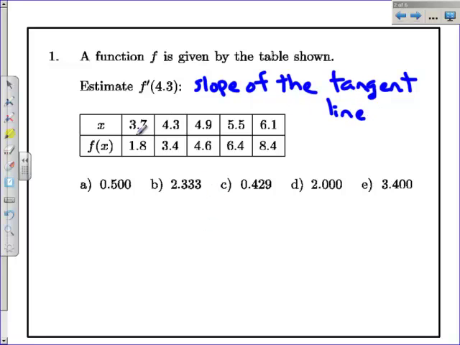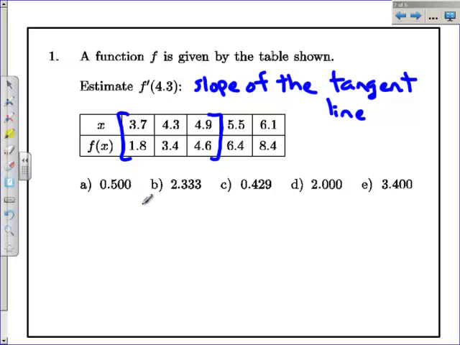Now, the best way to approximate slope of a tangent line is to take a secant line that's really, really close to the point that you're trying to approximate the slope. What I mean by that is take two points that are right on either side of 4.3 and find the slope between those 2 points, and that will approximate the slope at that point.